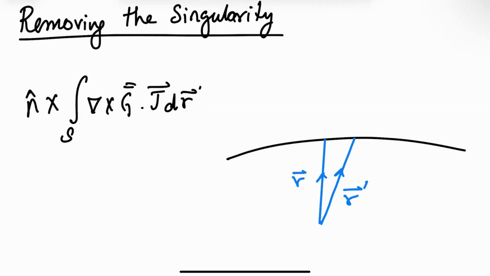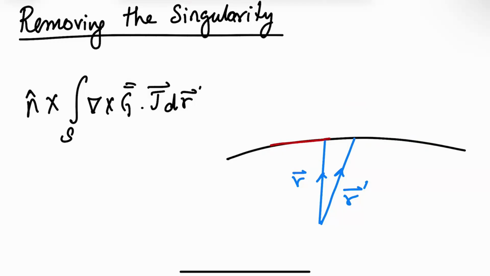As this vector moves closer and closer, the singularity starts to appear. So if I'm looking at r as it moves through, instead of going through the singularity, what I will do is deform this a little bit and go around it. Okay? So just bear with me, I'll explain what that means.